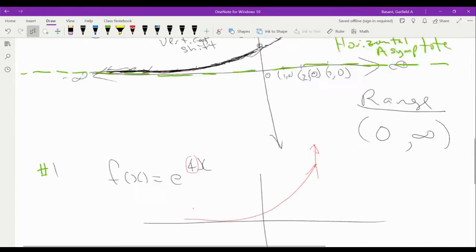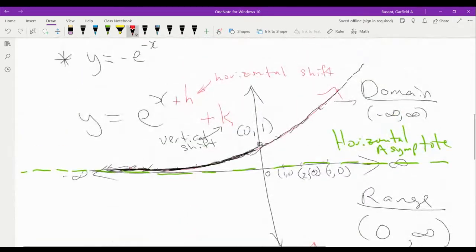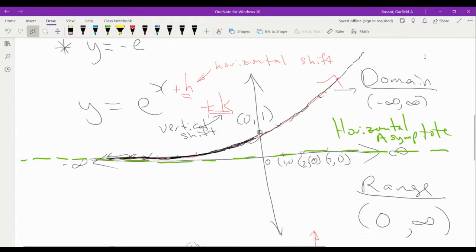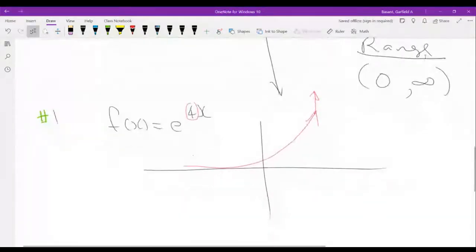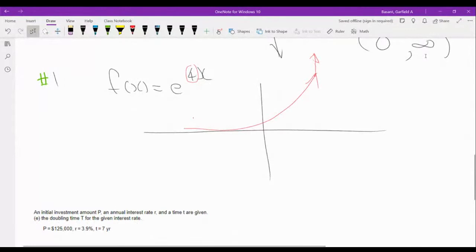Up or down is when we have numbers like h and k, a number added to the exponent or a number added to the whole function. That's when it moves up or down, or left and right. But if you have a number multiplying the power, it just means the power is going to be larger, so it grows much faster.